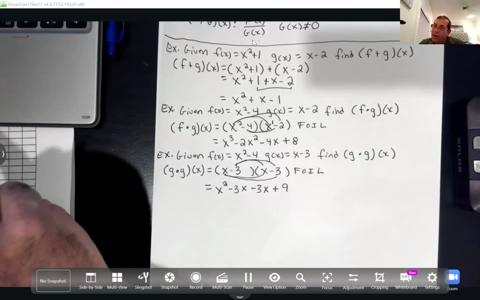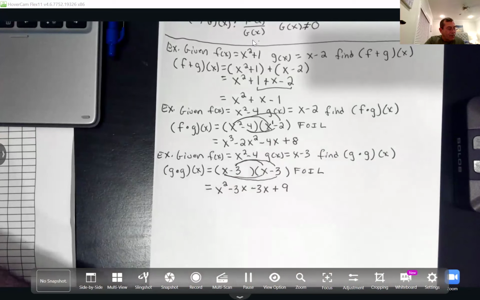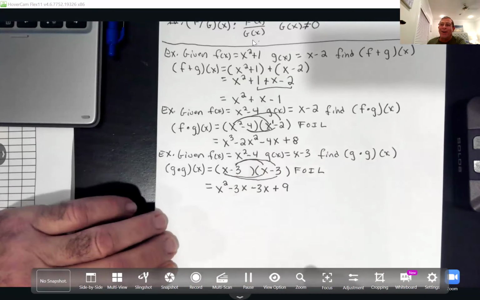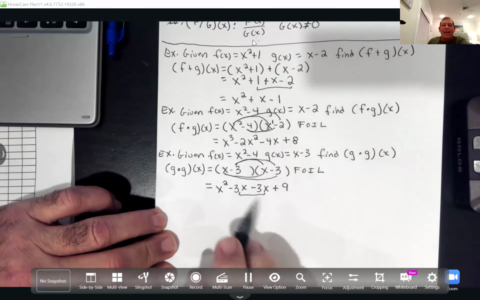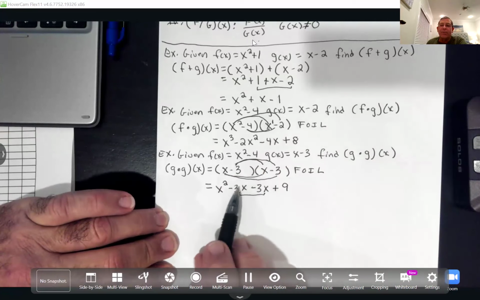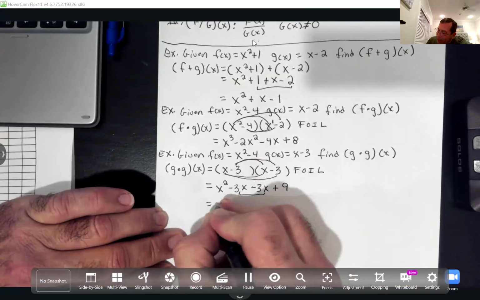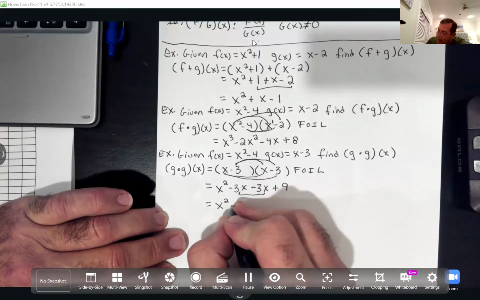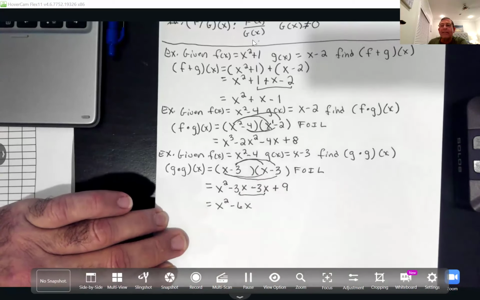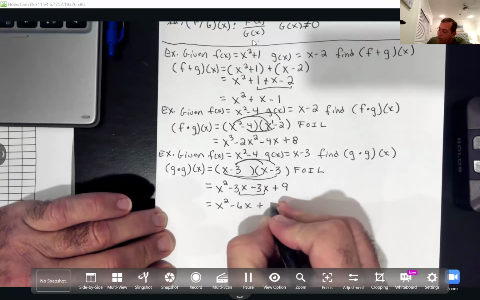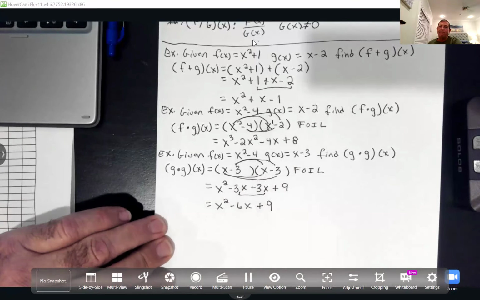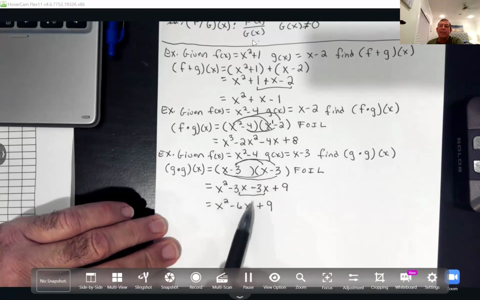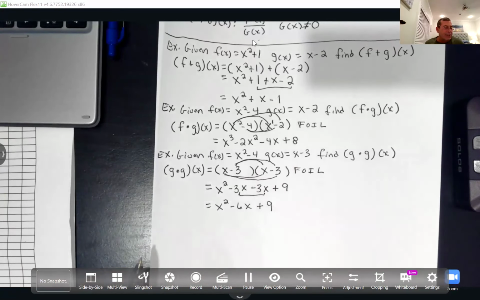So can you go further on this one? I'm seeing some head shaking, so good job. Because y'all, you got like terms and they do not cancel because they're both negative. So bring down your x squared. Negative 3, give me a negative 6x. And y'all at the end is our plus 9. Okay, so basically, these didn't cancel, they basically doubled because you had 2 of the negative 3x's, okay?